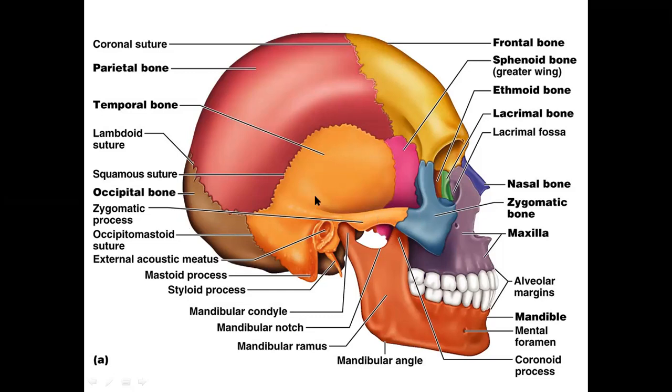This process is moving towards the zygomatic bone, hence you call it the zygomatic process of the temporal bone. This process is moving towards the temporal bone and is from the zygomatic bone, hence you call it the temporal process of the zygomatic bone. Together this structure is the zygomatic arch.